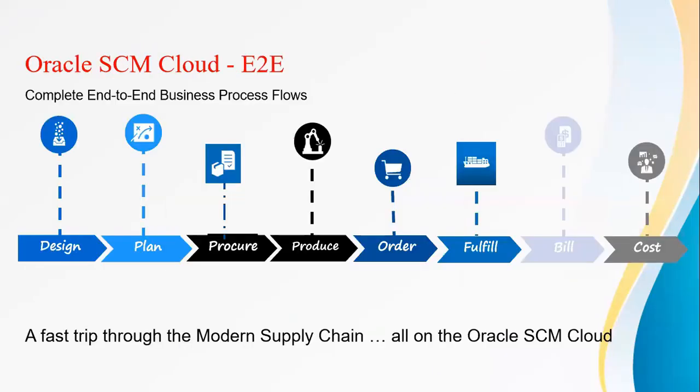As an end-to-end flow, we'll consider one end-to-end cycle just to show you the breadth and depth of this product, Oracle Fusion SCM. Consider that you are starting off with an idea. You are new to the market, starting off with a new product.